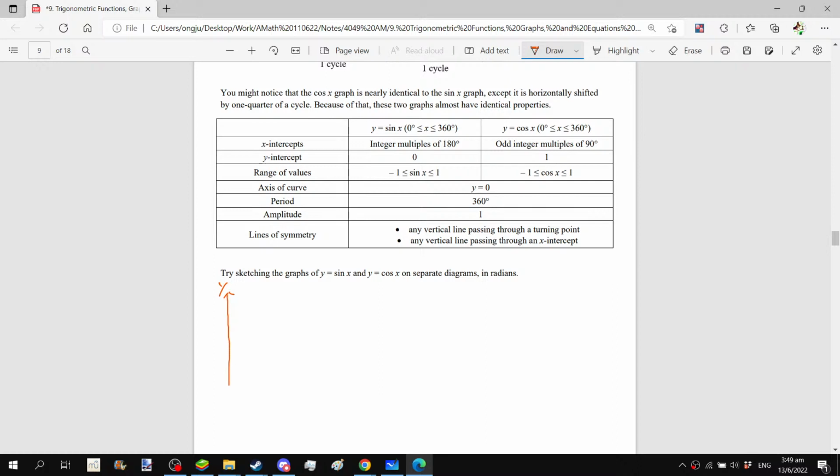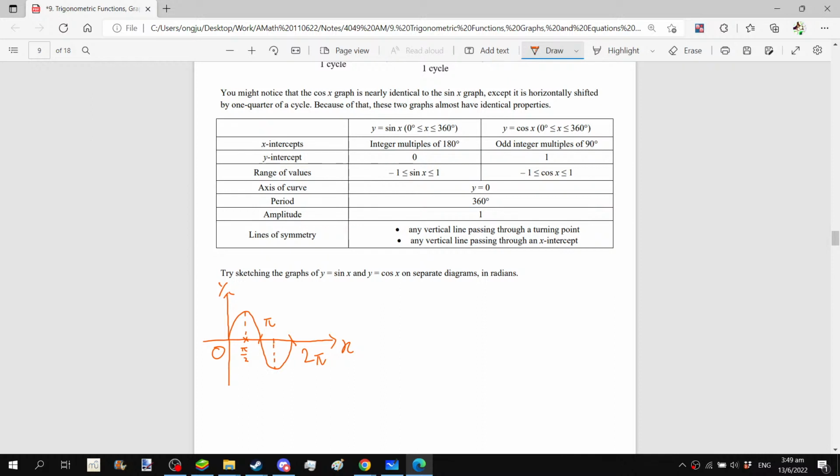So for sine, once again, please recall, we will actually start off on the origin, and then we will go up and go down. One complete cycle should be 360 degrees, alternatively 2 pi. The middle will be the middle, and therefore it's pi. And the first peak is the middle of the middle, in other words pi over 2.